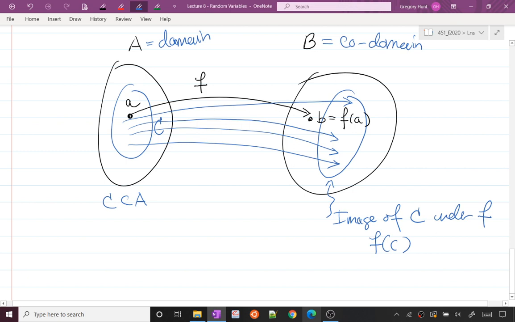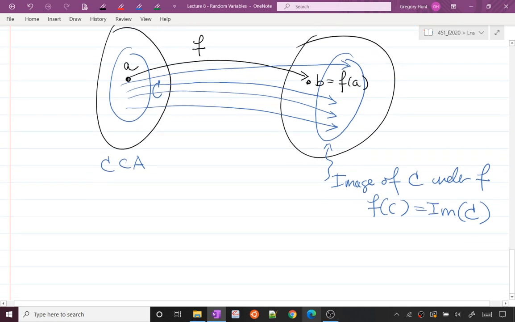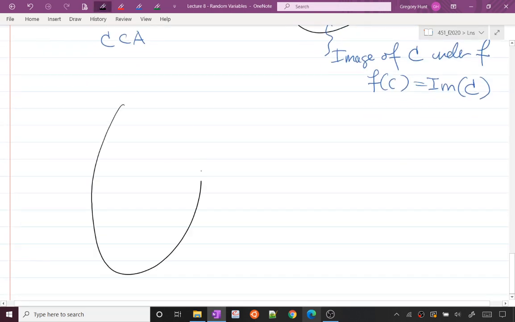It's a little bit of abusive notation because really F doesn't take in sets, F takes in elements of A, but it's okay, we know what we mean. So this is called the image. Sometimes it's denoted Im for image of C. In this case, we know we're talking about F. Okay, that's image. Inverse image basically goes the other way.